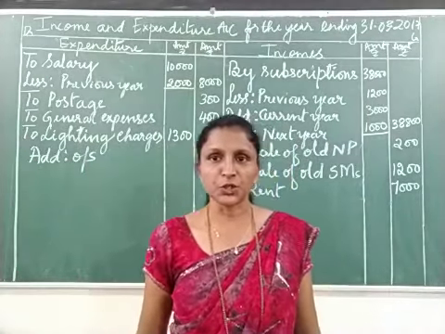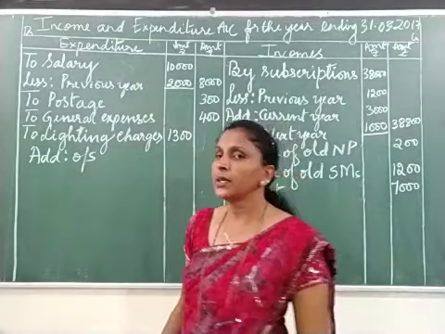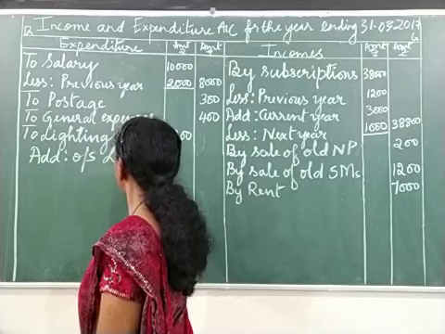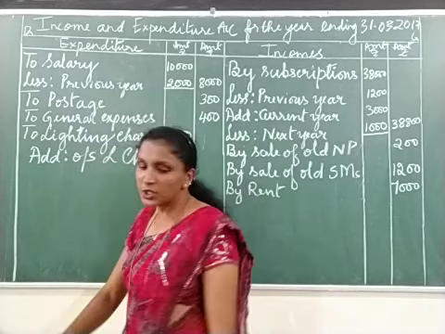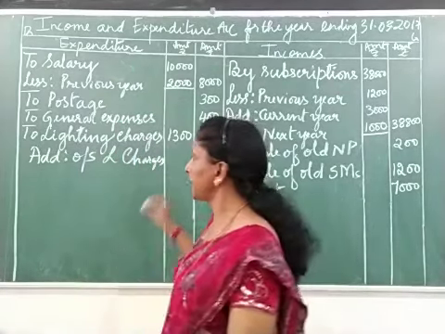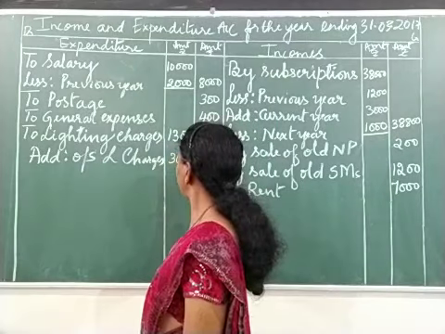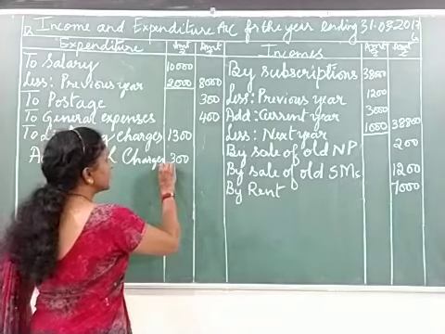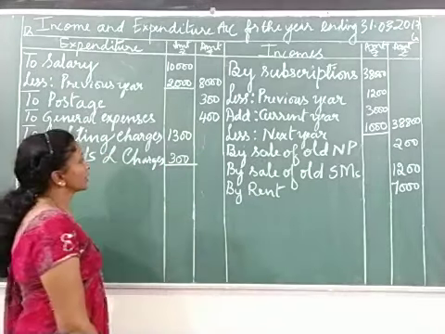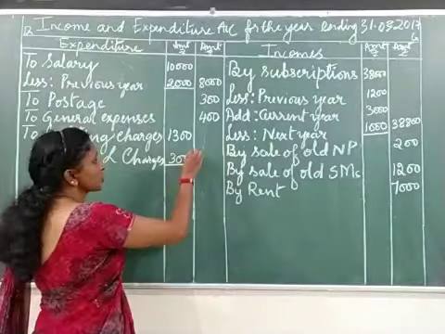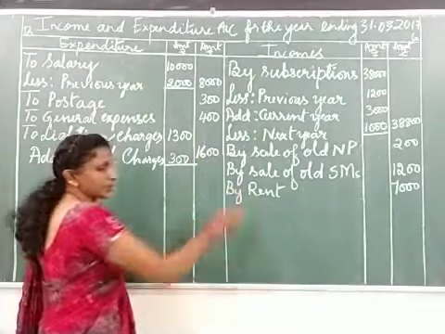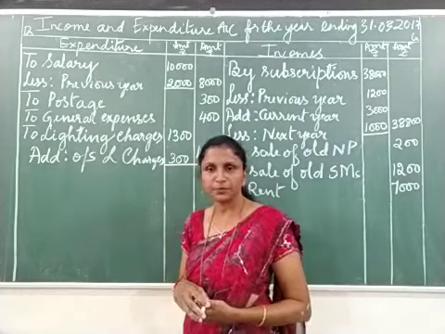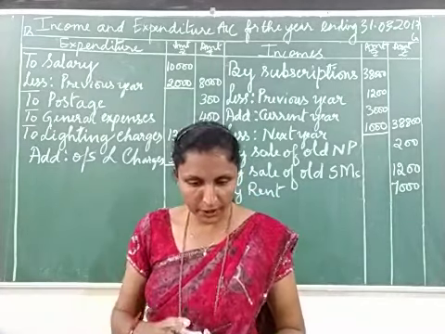Add outstanding lighting charges. What's the amount? 300. Write in the inner column. So over, no other items related to the lighting charges. Take it to the outer column. It is add, so it will become 1,600. Okay, come back. So lighting charges here, put the tick mark.